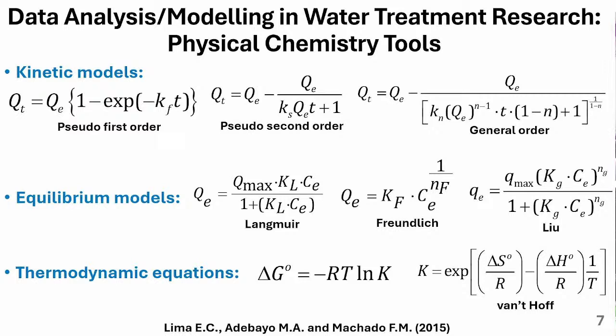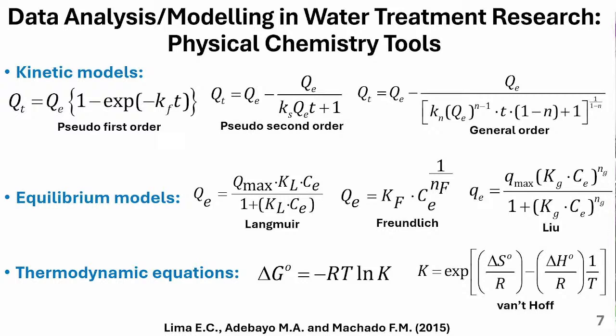If these models are used properly, that will give a good interpretation of the data obtained from the laboratory, and the data can be published in a high impact factor journal. But if the data are poorly analyzed using physical chemistry tools, the data will not go anywhere, or if it is published, it may not even be cited. So the ability to use all these tools will increase even the citation of a paper that is published.